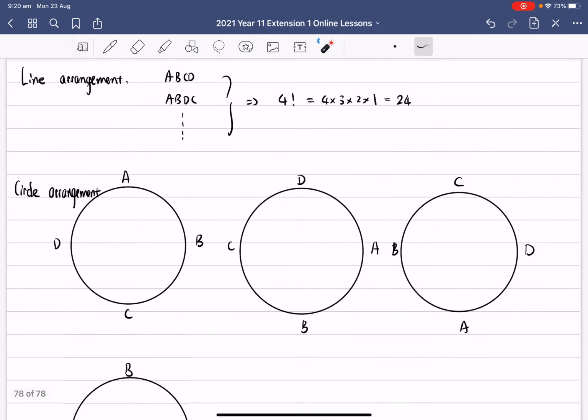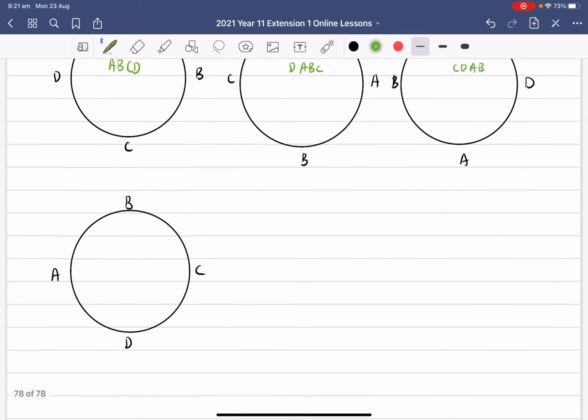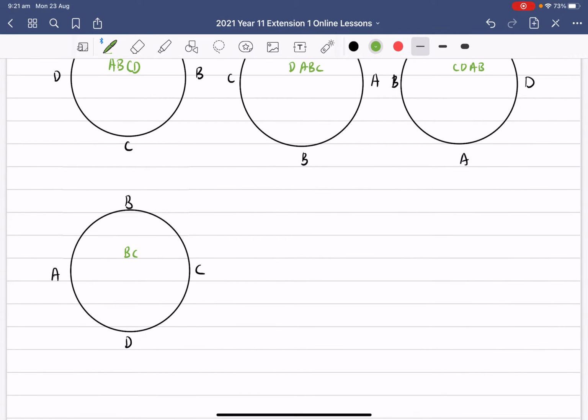However, in a line arrangement, imagine I break the circle at this point every time. Then the arrangement for this circle is A, B, C, D. If I break it here, the arrangement is D, A, B, C, and this one is C, D, A, B. And the last one is B, C, D, A, because if I break it here, I start from this first letter and go around the circle.